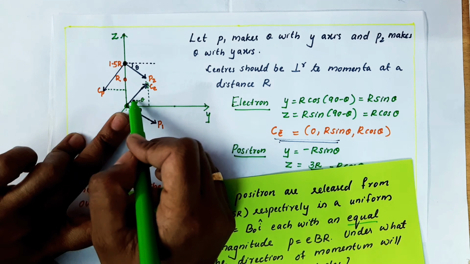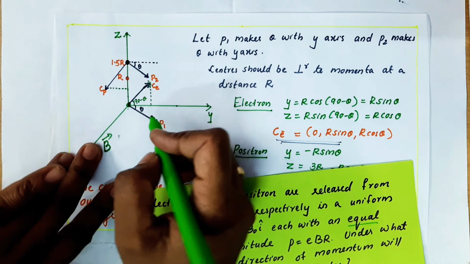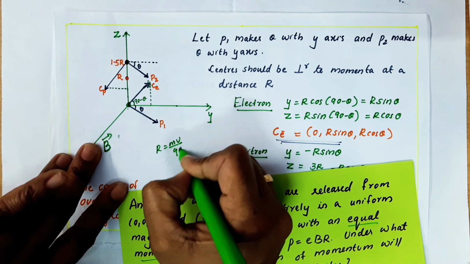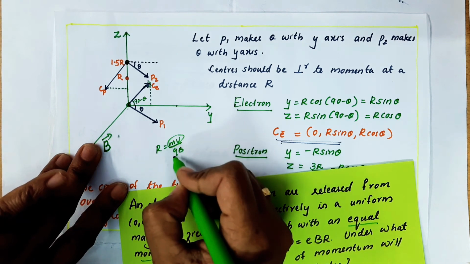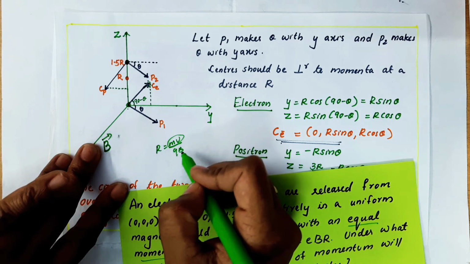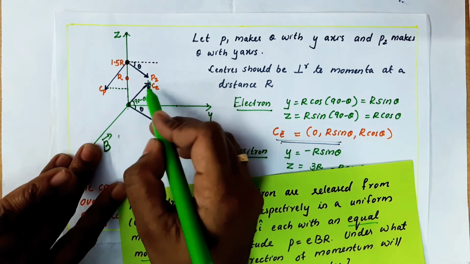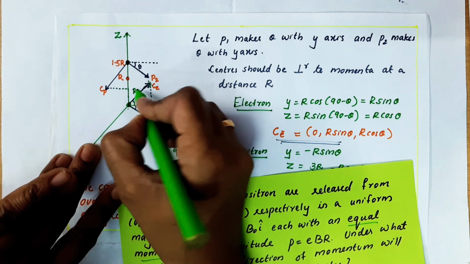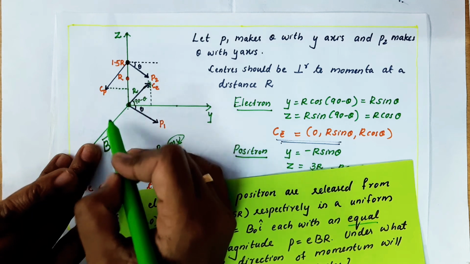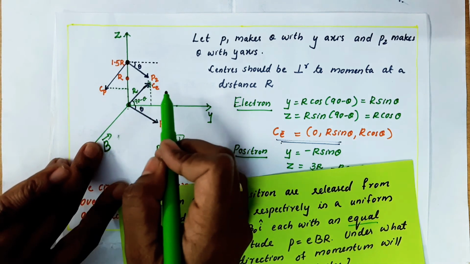Here we can take R equal to mv by qB. I need not tell that, you all know R equals mv by qB. As the momentum is the same, and the charge is the same for a positron and an electron, and B is the same, both will move in a circle of radius R only. So this also has radius R. But only one thing: they move in the opposite sense.